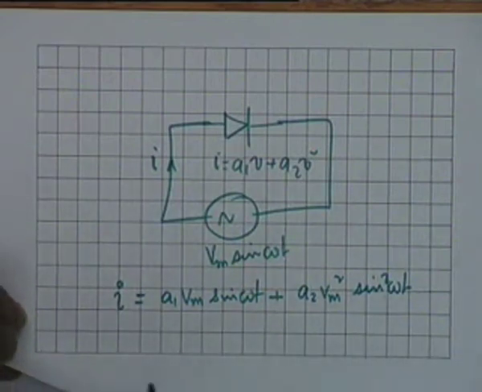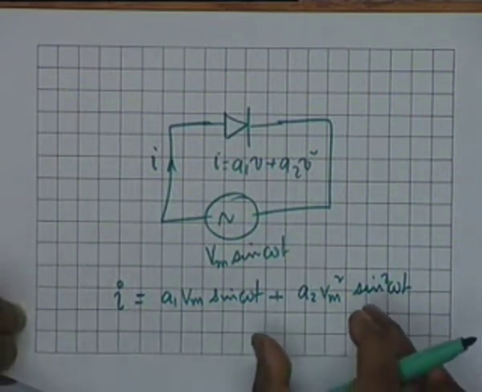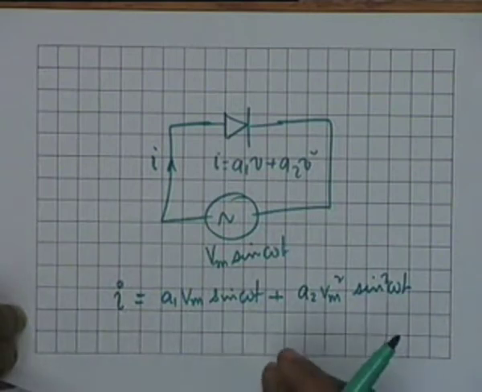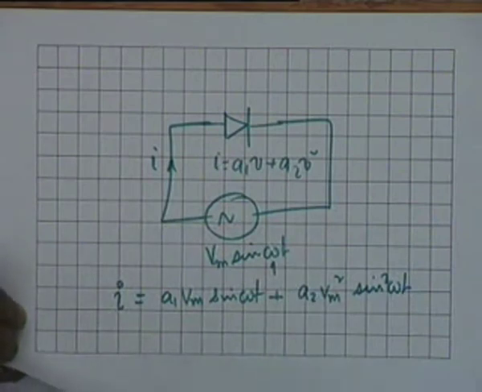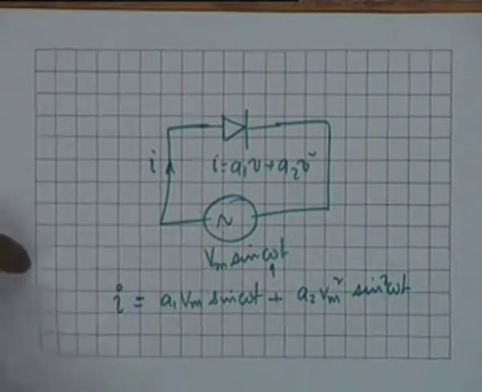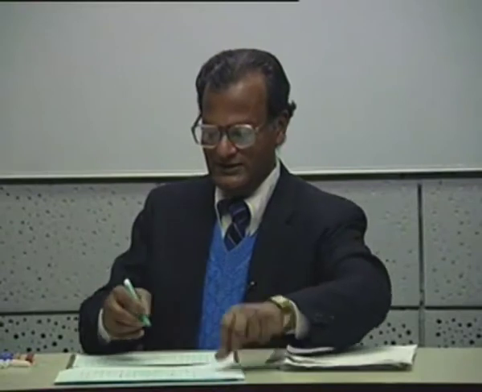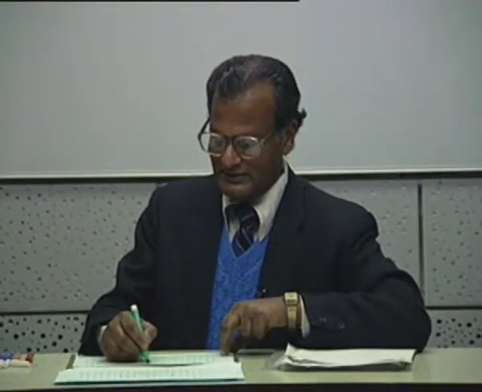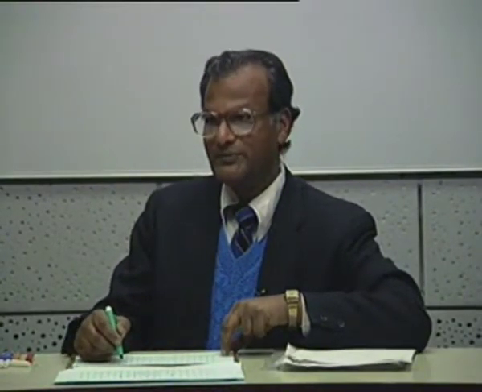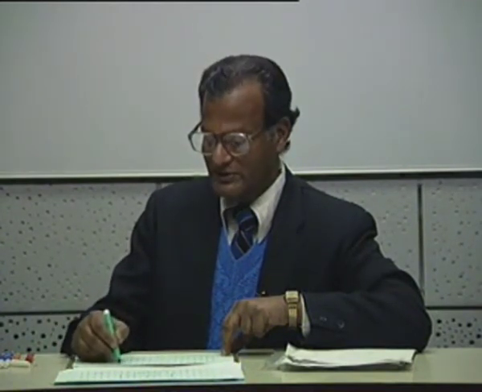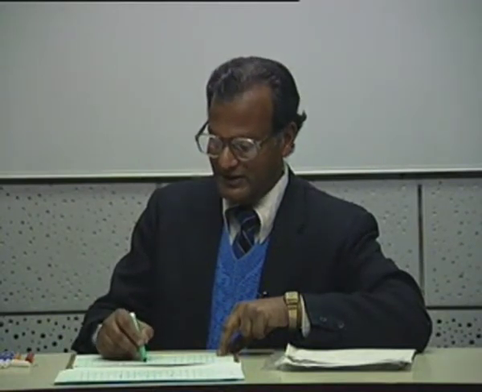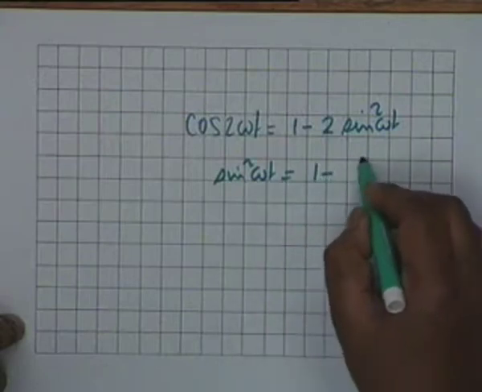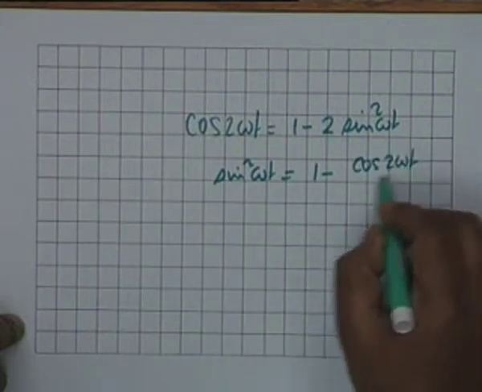Now to see what effect this nonlinearity has on the output frequency. You see, the input frequency is omega radians per second. What are the output frequencies? You notice that cosine of 2 omega t is equal to cosine squared omega t minus sine squared omega t, which is 1 minus 2 sine squared omega t, and therefore sine squared omega t is equal to (1 minus cosine 2 omega t) divided by 2.